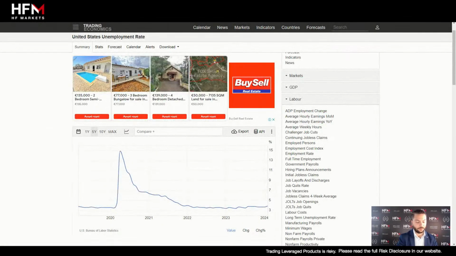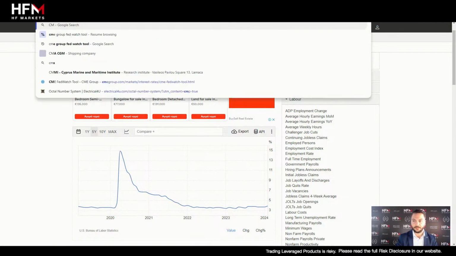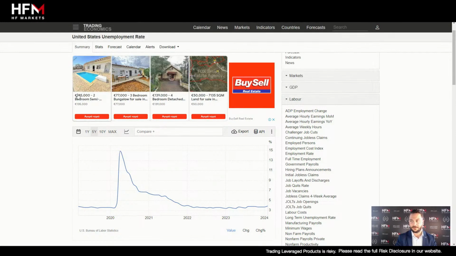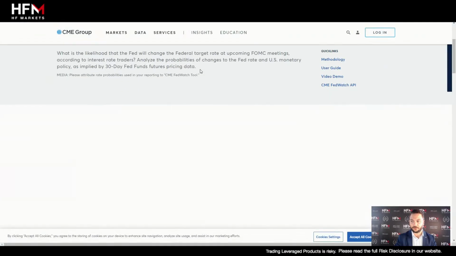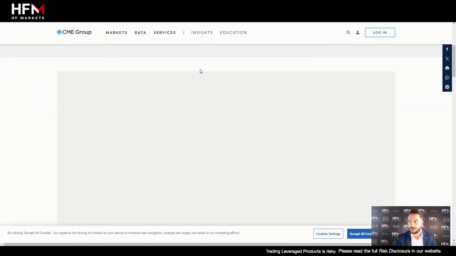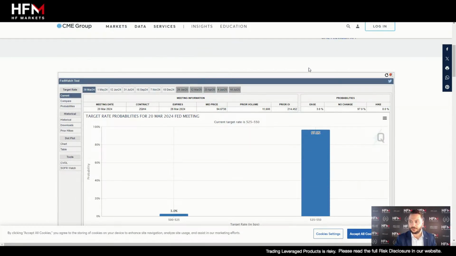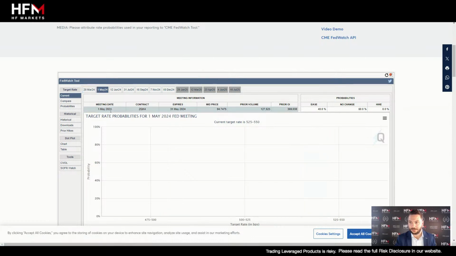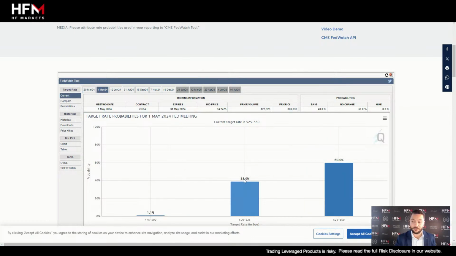What individuals can also do is monitor the CME FedWatch tool. So, for example, here we've got the CME FedWatch tool, and we can see what the possibilities are of interest rates. So if we now go to May, we can see we've got a 38% interest rate cut.